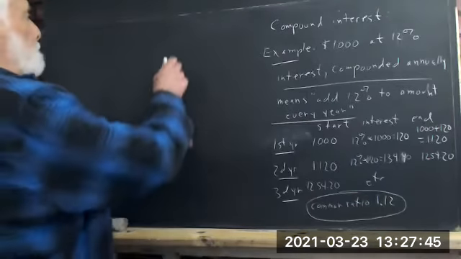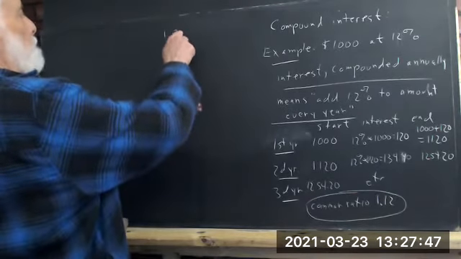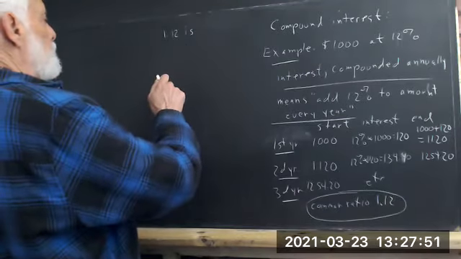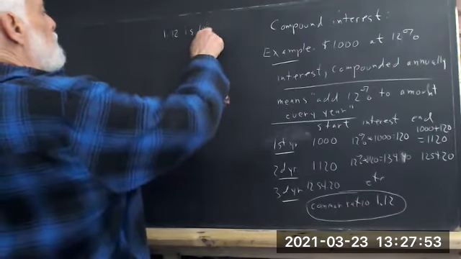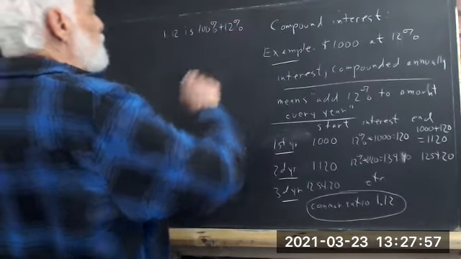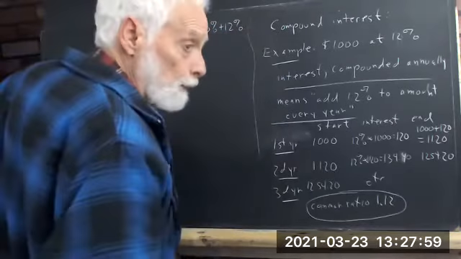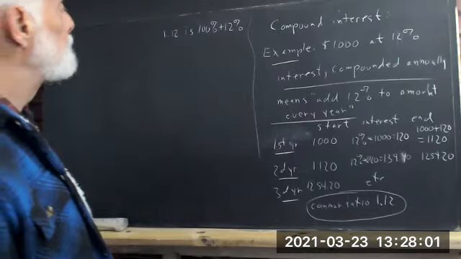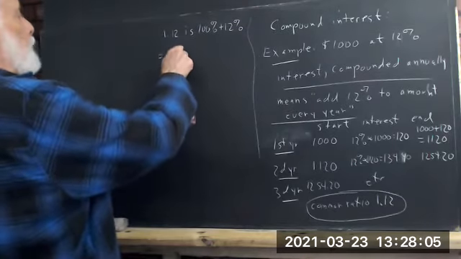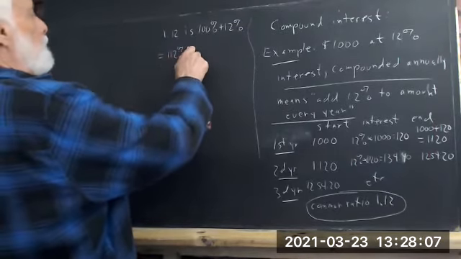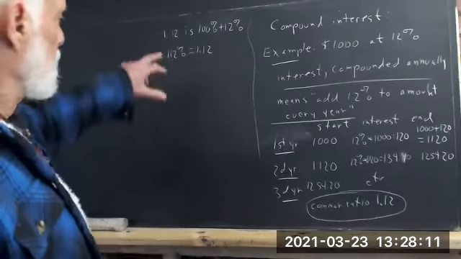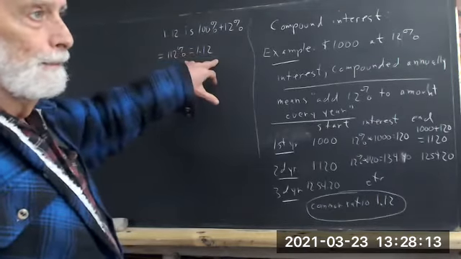Now, 1.12 is 100% plus 12%, which equals 112%, which equals 1.12, expressing the percent as a decimal.